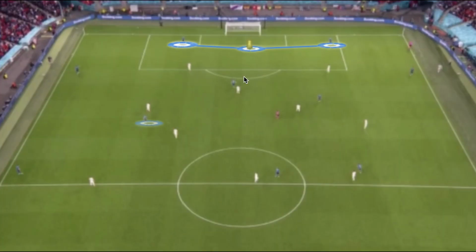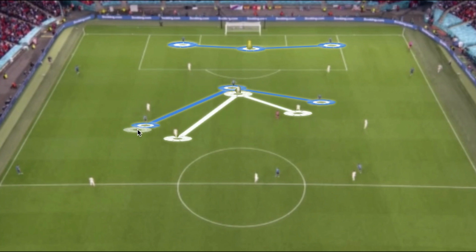We see Italy's midfield three matched up man for man by Spain's man-oriented press with their midfield three, and Spain even creating numerical superiority in the midfield areas by advancing and narrowing their fullbacks and or their winger.